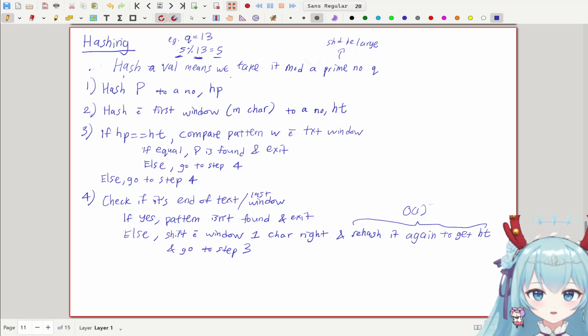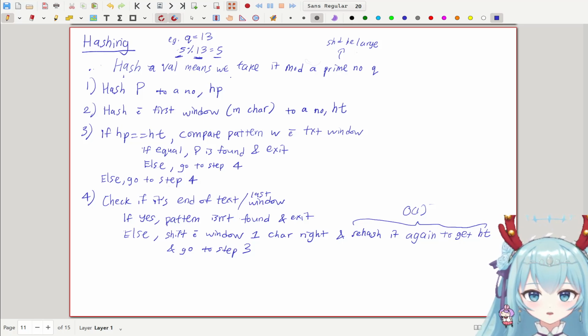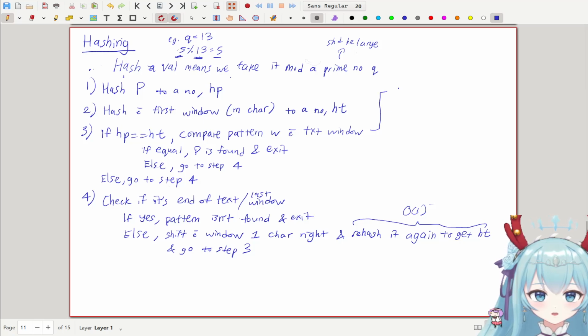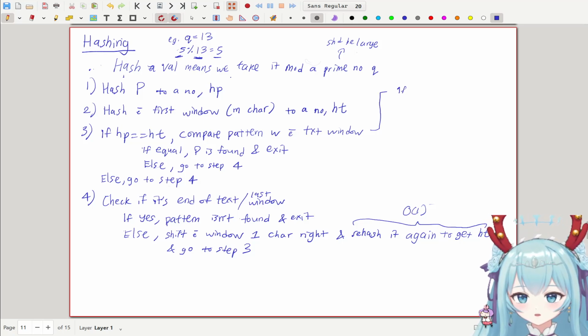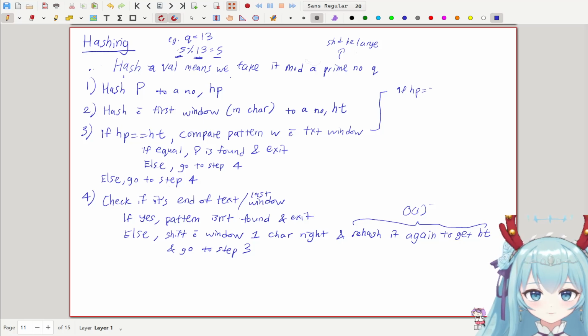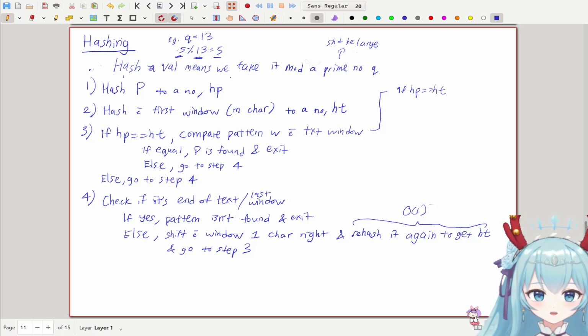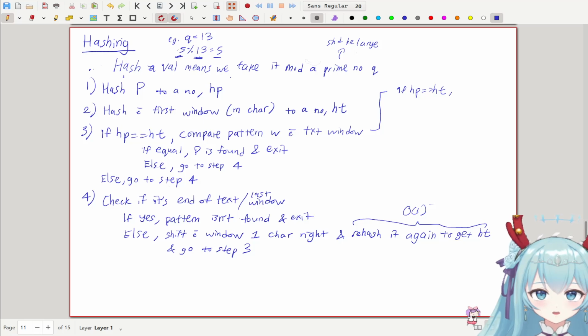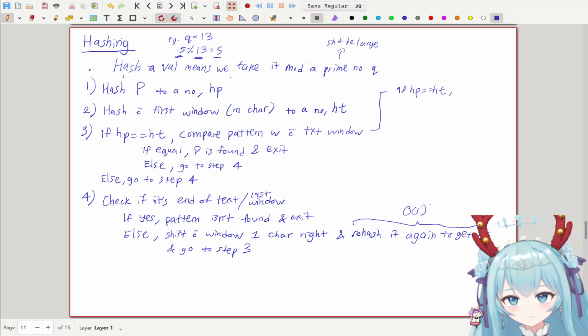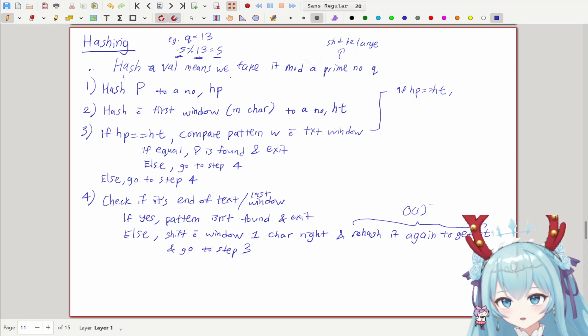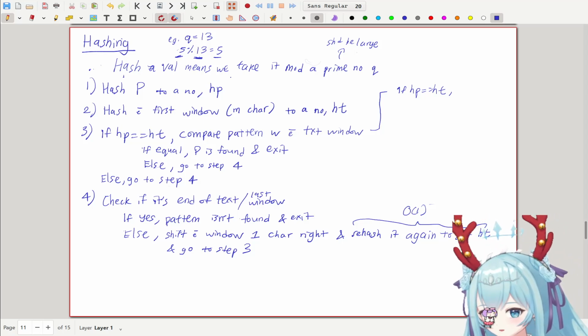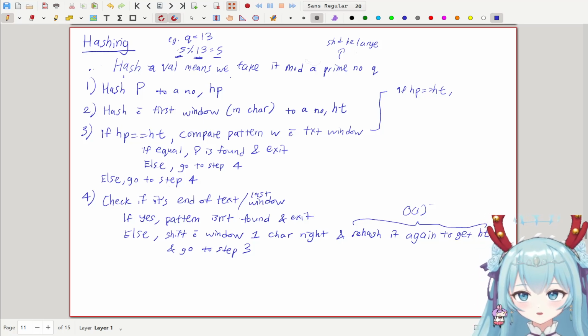And one thing I want you to take note of is, if hp equals ht, does it mean that p is the same as the window that we're currently at?